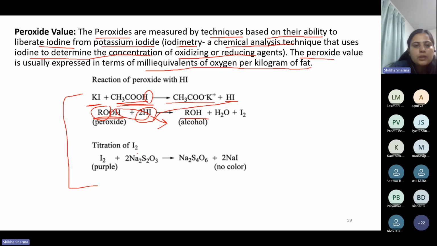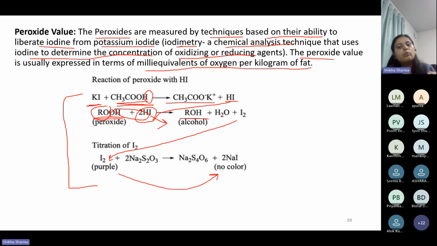When we do the titration, the iodine color converts from purple to no color. So we can understand how much volume of Na2S2O3 is used, as the iodine is disappearing and the purple color is disappearing.